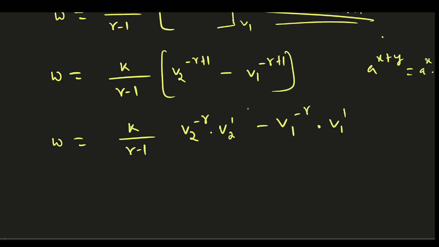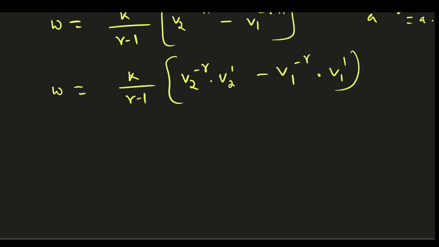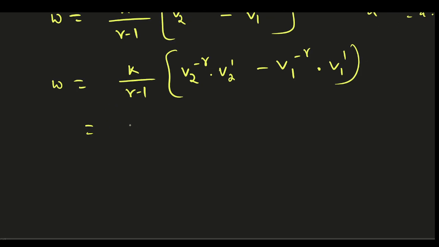So I want to separate it, then this has come. So now what we'll do, that k, where do you get the k value? We say that Poisson's equation, P1 V1 to the gamma equal to P2 V2 to the gamma equal to constant. So this constant I take here as k, so I can put the value of k again here.